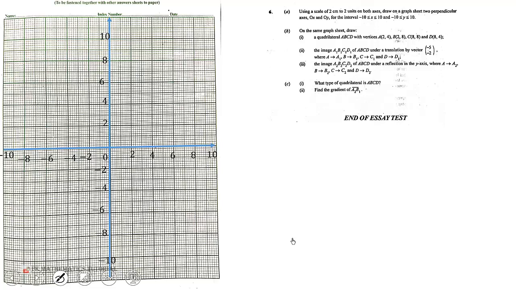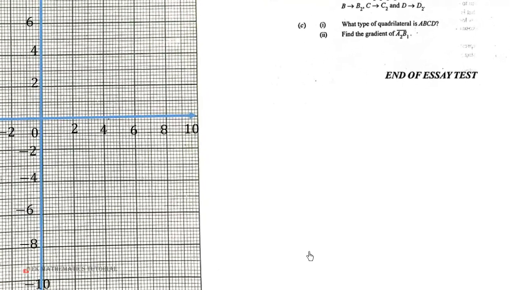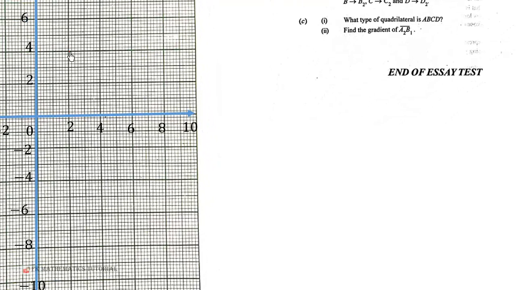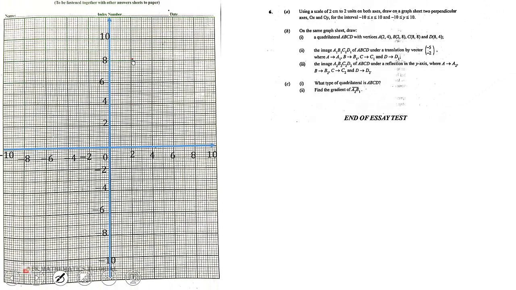Then the next thing we do is to draw on the same graph sheet a quadrilateral ABCD with vertices A at 2, 4. So A is at 2, 4 here. Then B is at 2, 8, so 2 on the x-axis and 8 on the y-axis. They'll meet here. Then we have C at 8, 8.